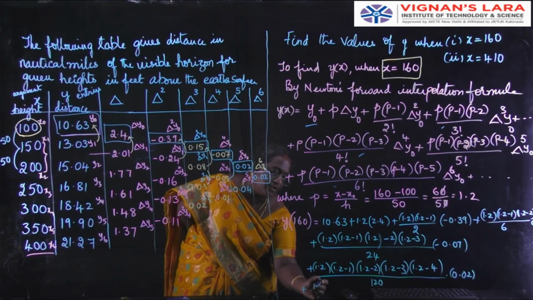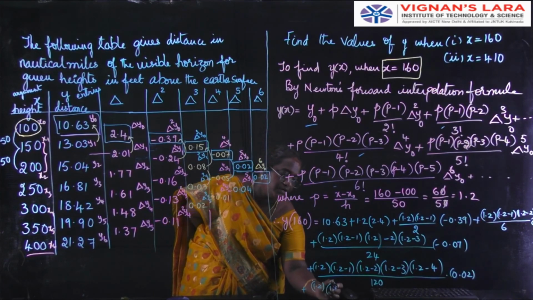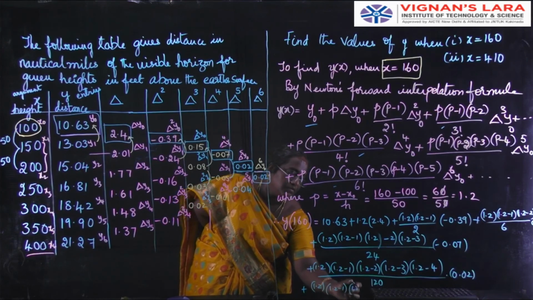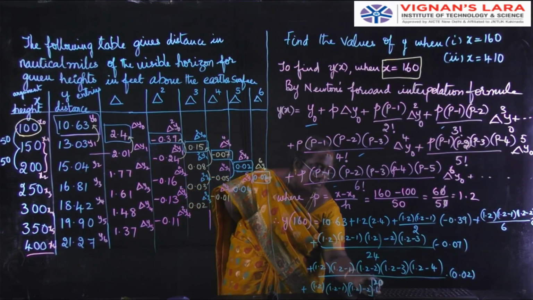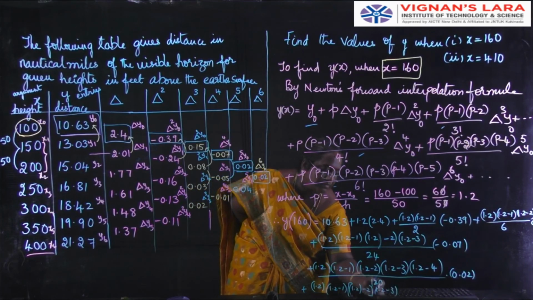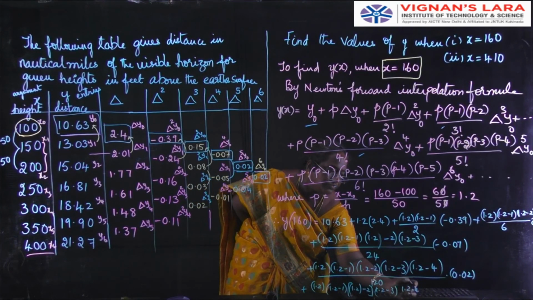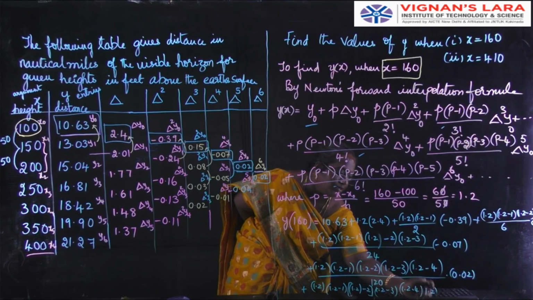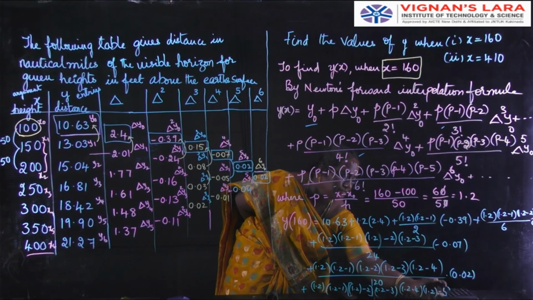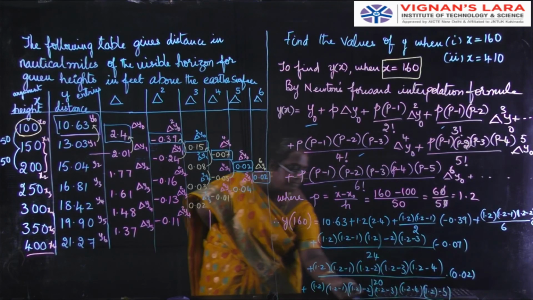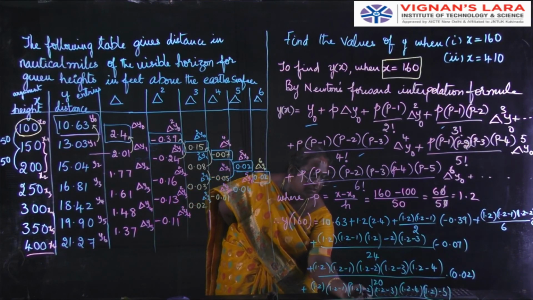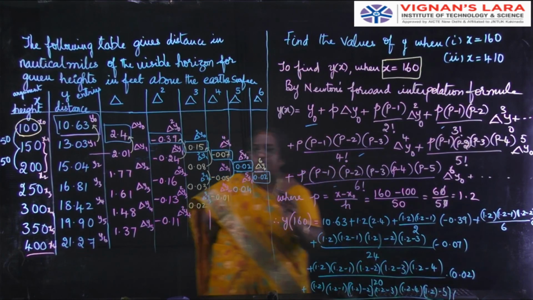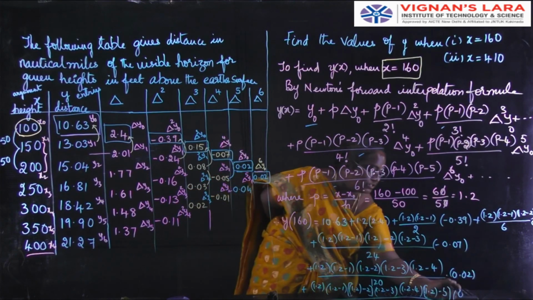P is 1.2, 1.2 minus 1, 1.2 minus 2, 1.2 minus 3, 1.2 minus 4 and 1.2 minus 5 by 6 factorial, which is 720, into del power 6 y naught, which is 0.02.